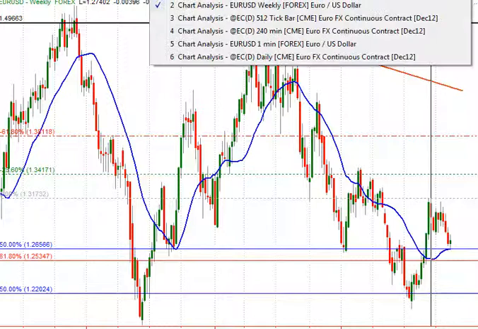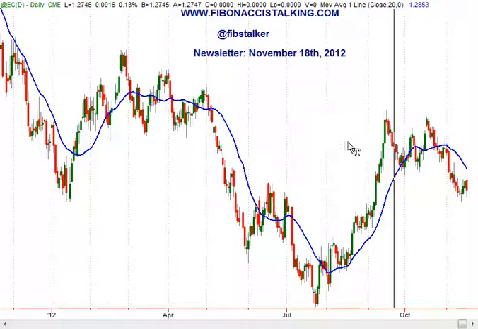Now let's move to the daily chart, and I'm using the FX currency continuous contract here, the futures, and this contract is aligned to December expiration.